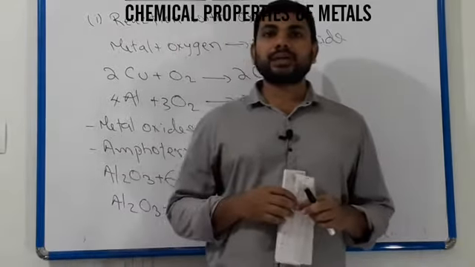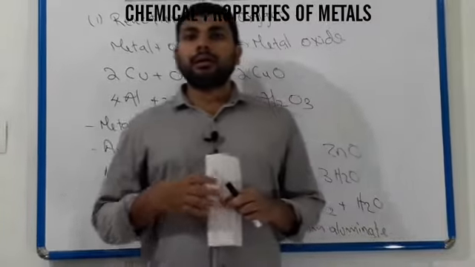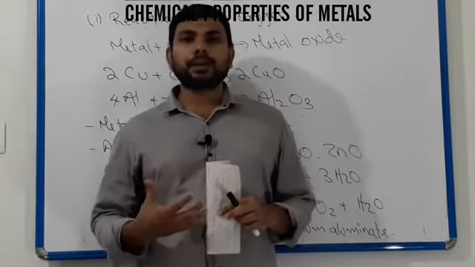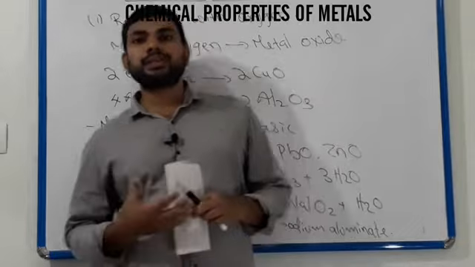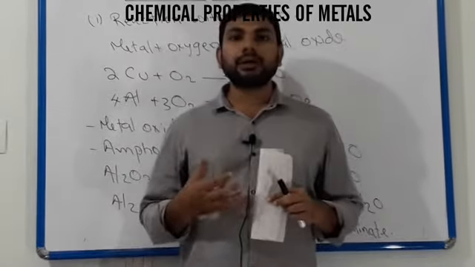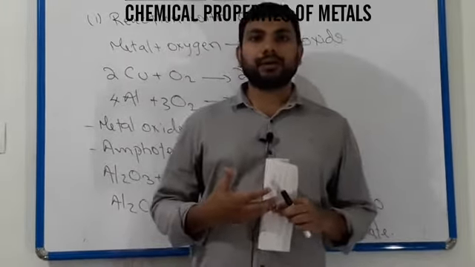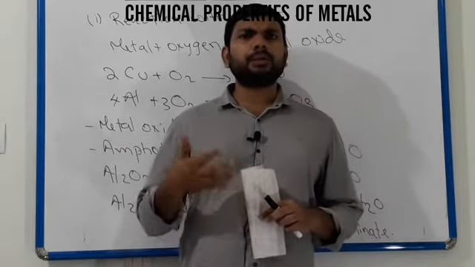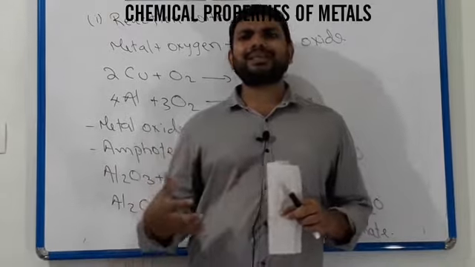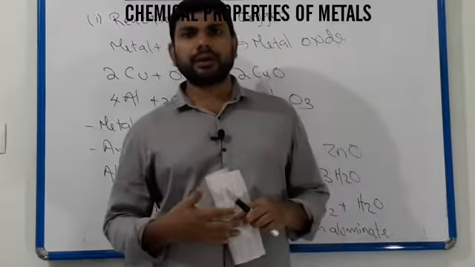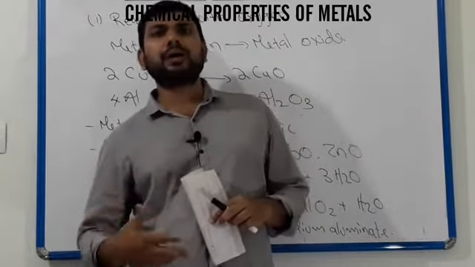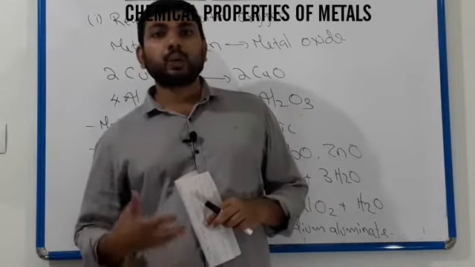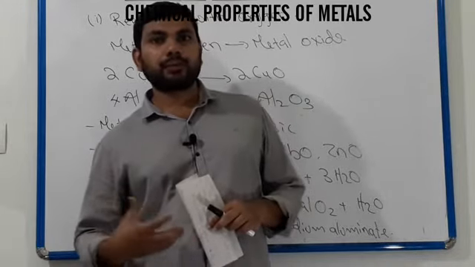After observing this, you can see that metals change their color after they burn. Clear? Also you can see that not all metals show the same appearance after burning. Magnesium after it burns produces white ash, white powder.